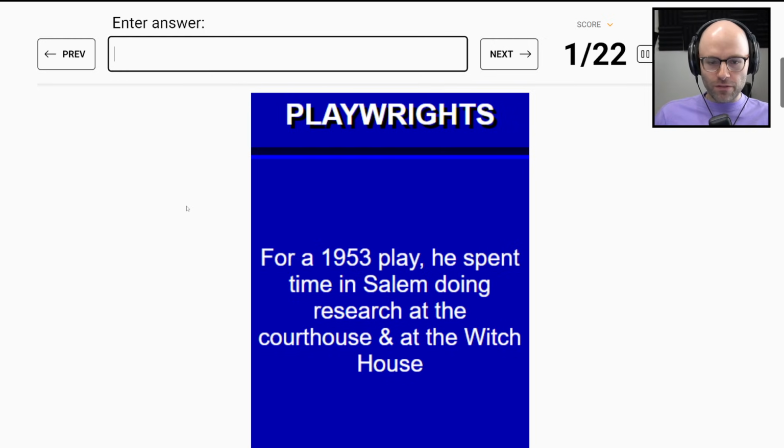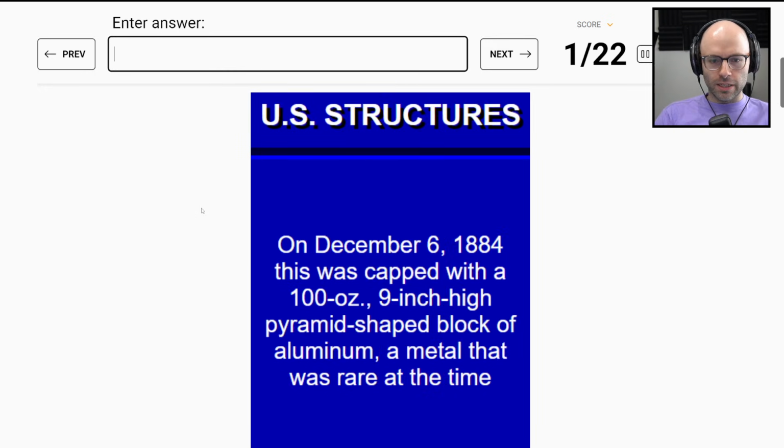For a 1953 play, he spent time in Salem doing research at the courthouse and at the witch house. It's a play from the 50s? It's got to be Tennessee Williams, brother. Is that how you spell Tennessee Williams? Okay, no idea. On December 6th, 1884, this was capped with a 100-ounce, 9-inch high pyramid-shaped block of aluminum, a metal that was rare at the time.